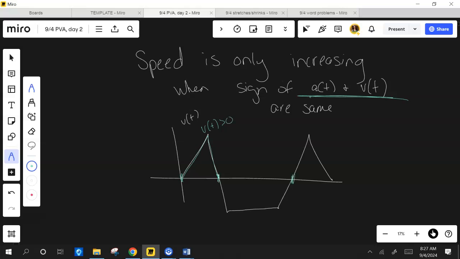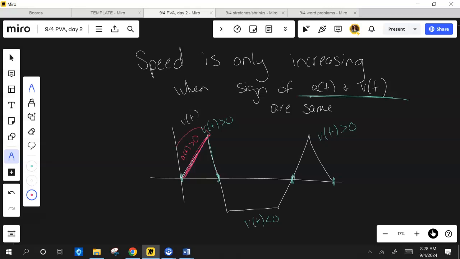And from here to here, velocity is negative. And from here to here, velocity is positive, yes? But I've got to match the sign of velocity with the sign of acceleration. Acceleration as it relates to velocity is what? Slope, or the derivative. So, when does the slope change? As I start here, what is the sign of the slope? So that means acceleration here is positive. Do you agree or disagree? Speed is increasing, why?